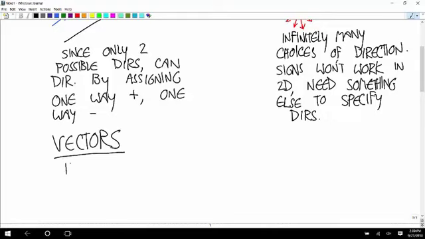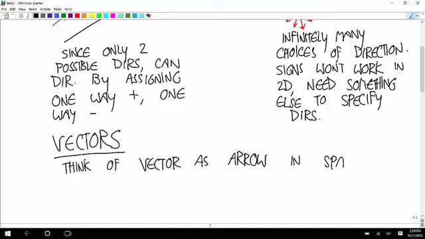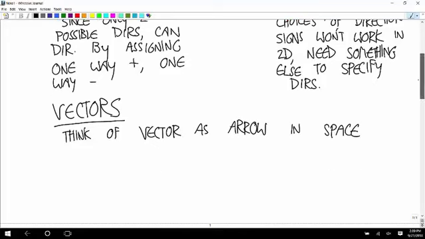And you can think of a vector as an arrow in space with two properties.